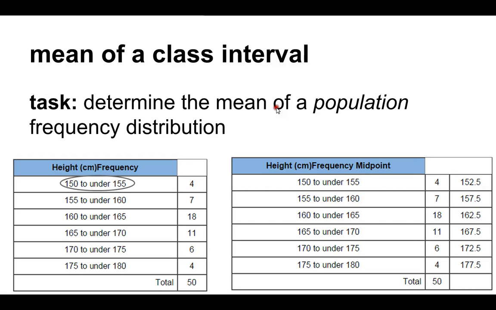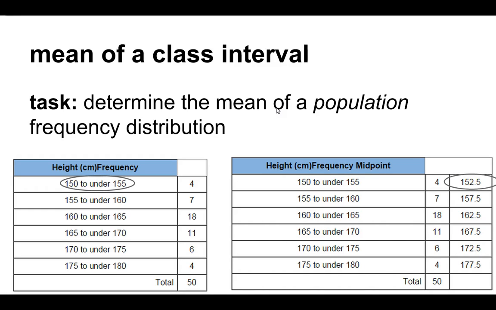So in this case, 150 to 155 centimeters, when you average those two values, you end up with 152.5. And what you are assuming is that all 4 individuals in that class have a height of 152.5. They obviously don't, but they have a height of 152.5 for the purposes of figuring out the mean.